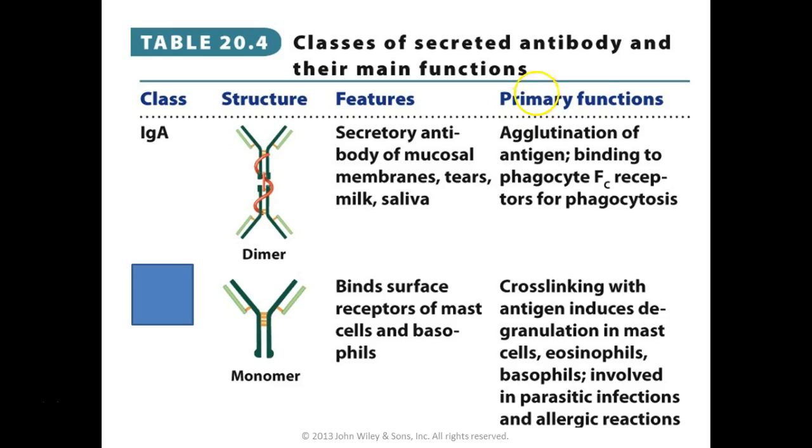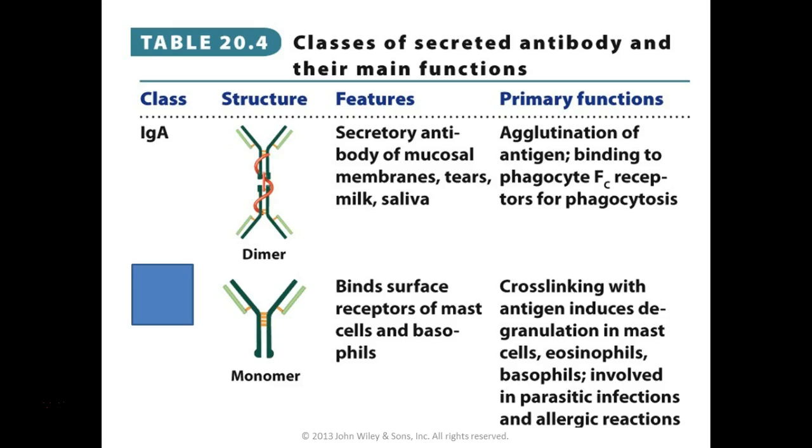The other thing is that the Fc portion, although it's kind of hidden here, can be grabbed by phagocytes. So IgA can be in its monomer form in our blood too and throughout our body and can be picked up by phagocytic cells.